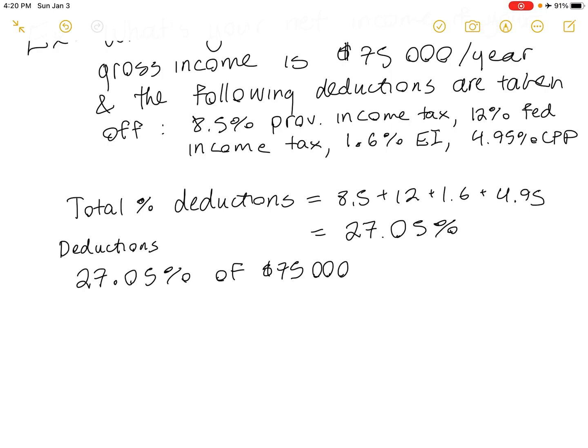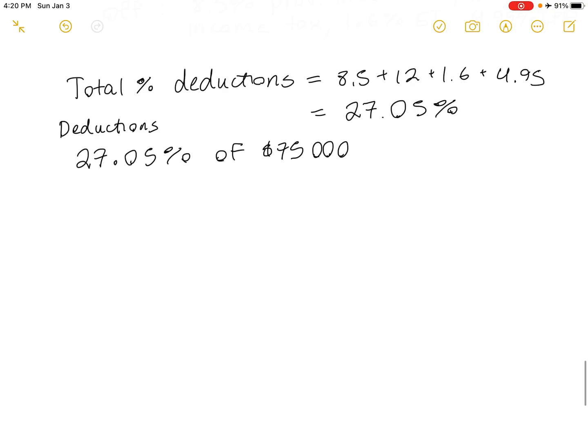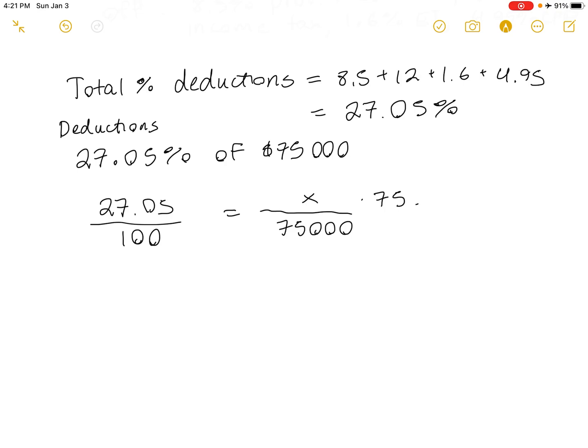Okay, so how do we find that? The same way we've been doing all of the other percent problems. So 27.05% as a fraction is 27.05 over 100 of 75,000. The 75,000 is in the denominator. That's our total. So we're looking for that. Okay, how do we solve that? Multiply both sides by 75,000.